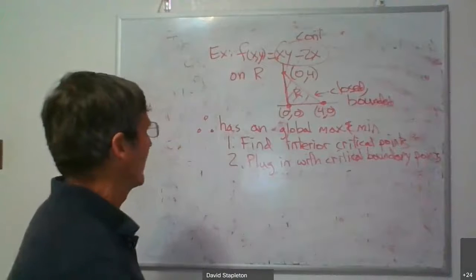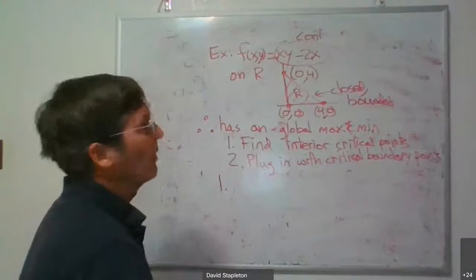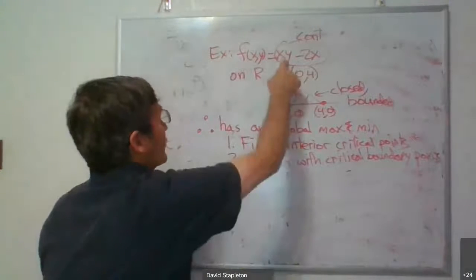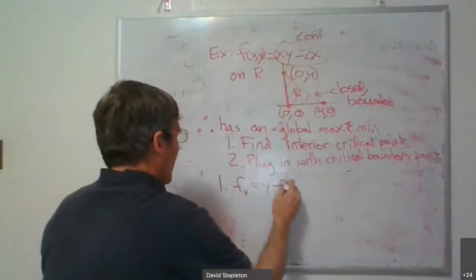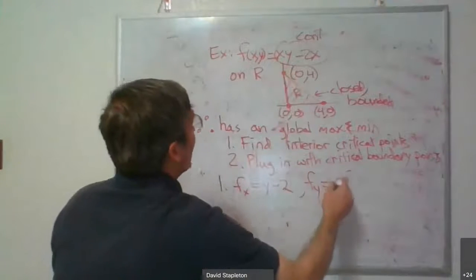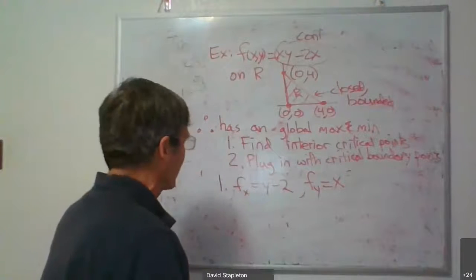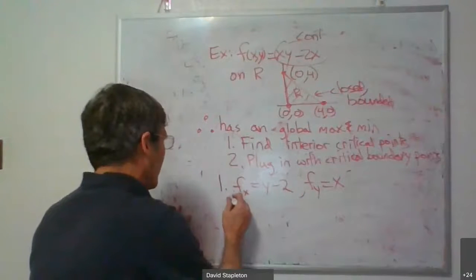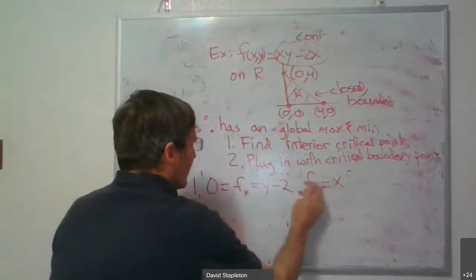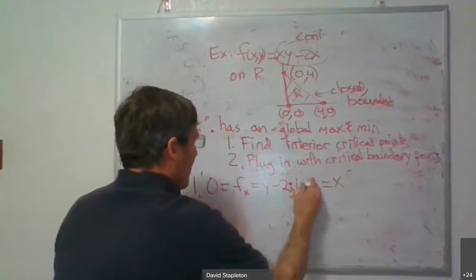All right, so one, what are the interior critical points? I set the partial derivatives equal to 0. Fx, partial with respect to x, is y minus 2. Fy is x. And I don't need the second derivatives here. I'm not doing the second derivative test. I'm just checking the critical points. So the critical points are 0 equals this partial derivative and 0 equals this partial derivative.